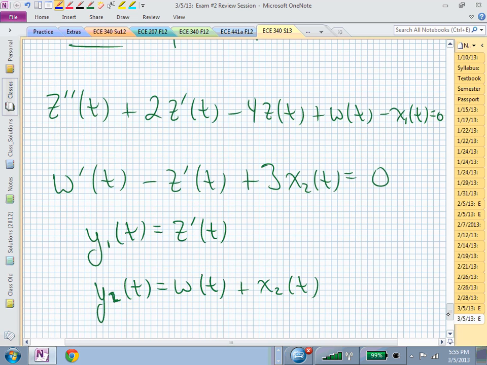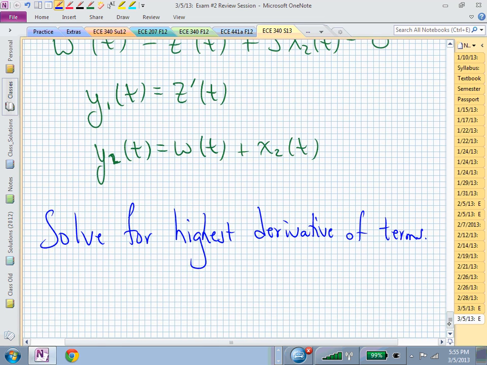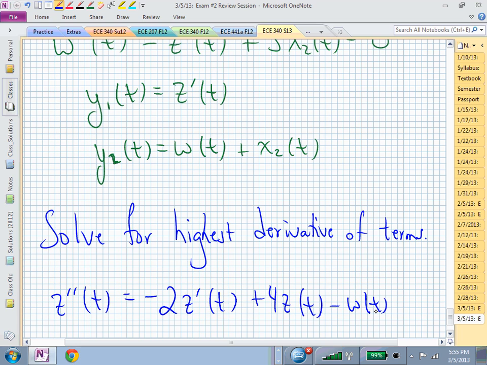Meaning, if we now go back to that z double prime, let's put that on the left and everything else on the right. We now have z double prime is equal to minus 2z prime of t plus 4z of t minus w of t plus x sub 1 of t.